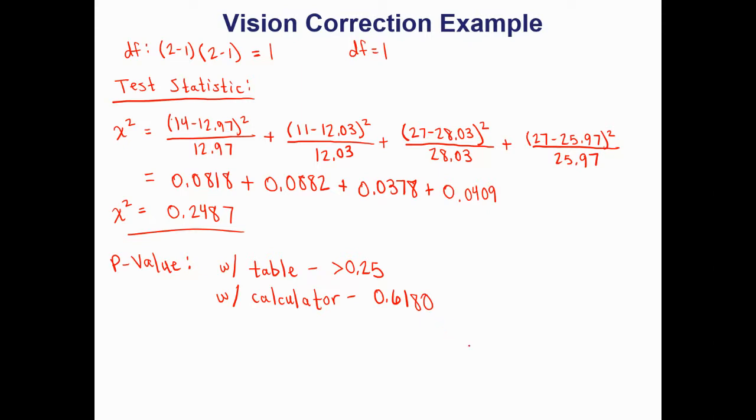Okay, so for any reasonable p-value, what can we say? Let's say we used 0.1 as our alpha. What would we do? We fail to reject. Yeah, the p-value is huge, so no matter what a reasonable alpha would be, we would fail to reject. That's what we're going to say.